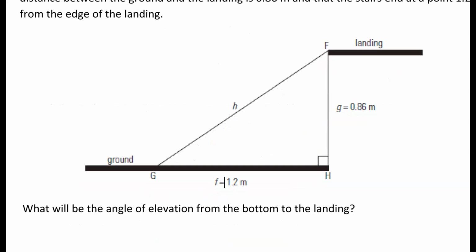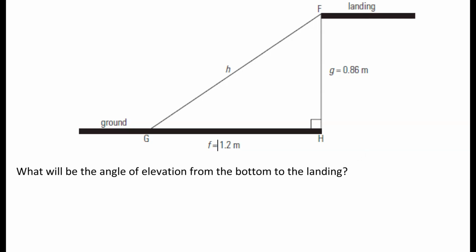They've included a diagram here where we have the ground on the bottom, and then we have our landing up here, and we have 1.2 across the bottom for the ground of the stairs, and then a height of 0.86 meters. What will the angle of elevation from the bottom to the landing be? So we want to find out what this angle is going to be right here.